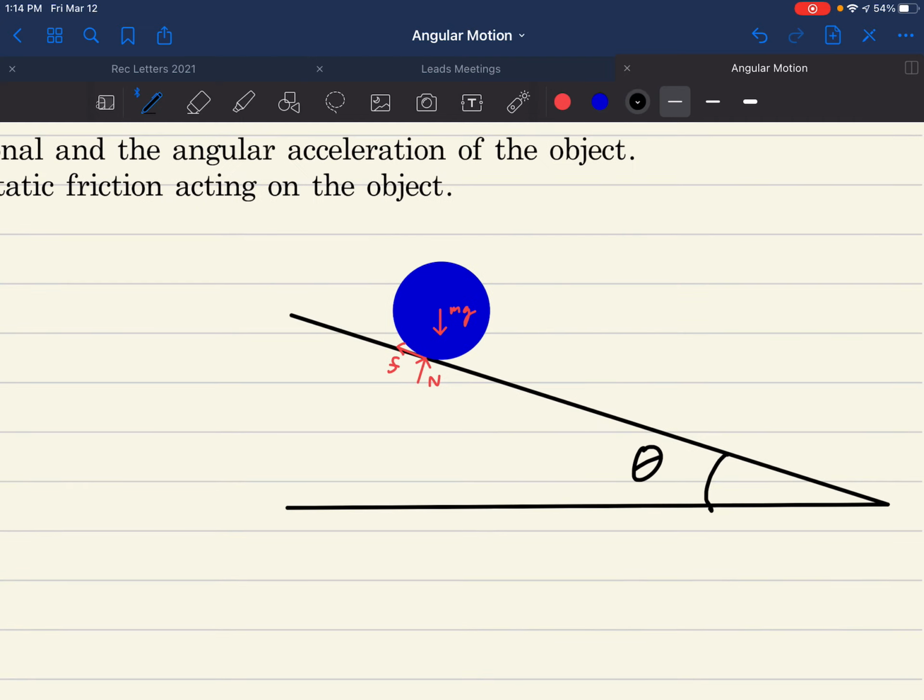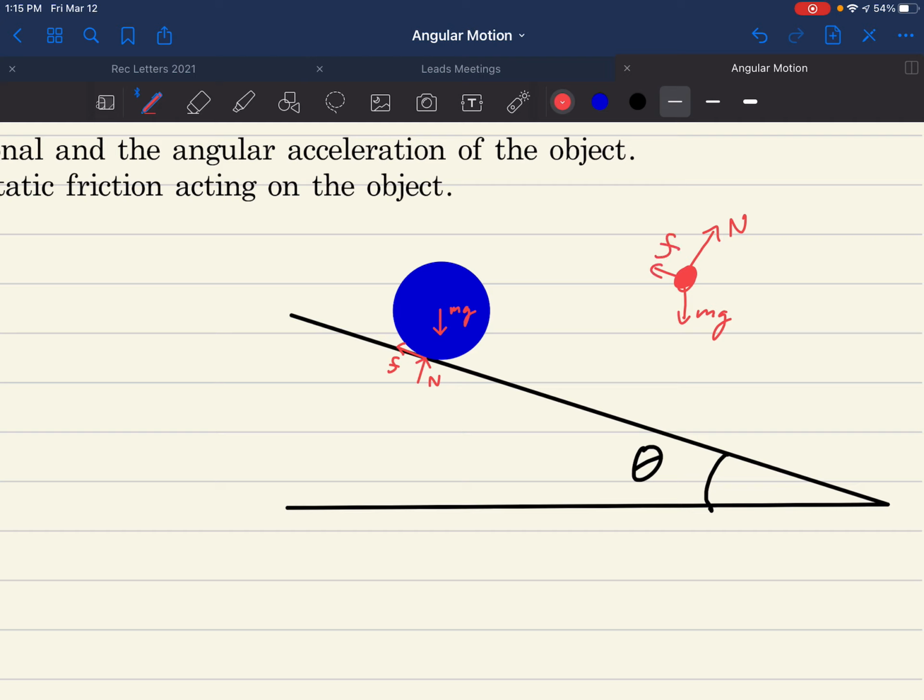Now, if we were to put these on a free body diagram, it would look something like that. There's our dot. We would have normal force that way, mg down, and friction off in that direction.